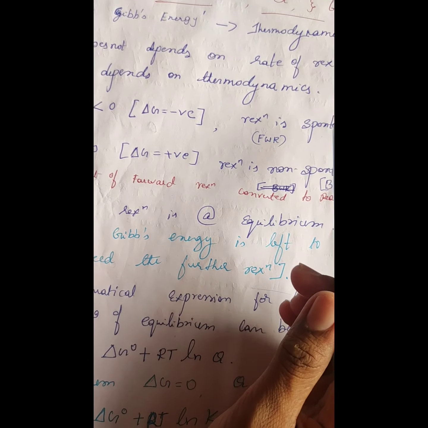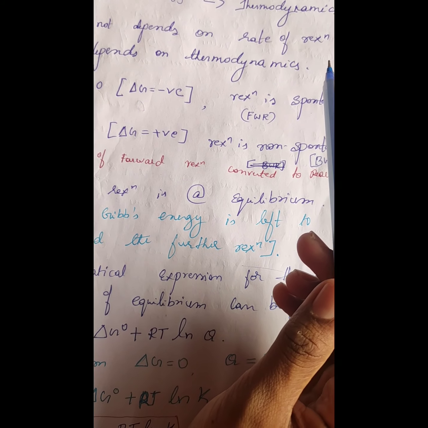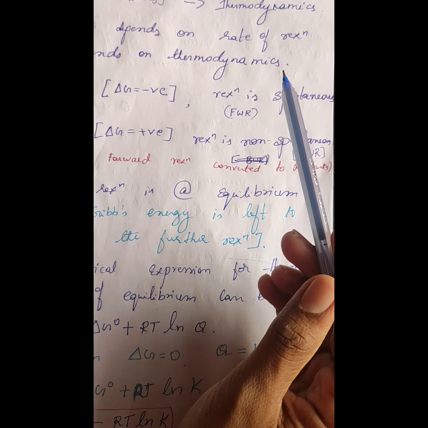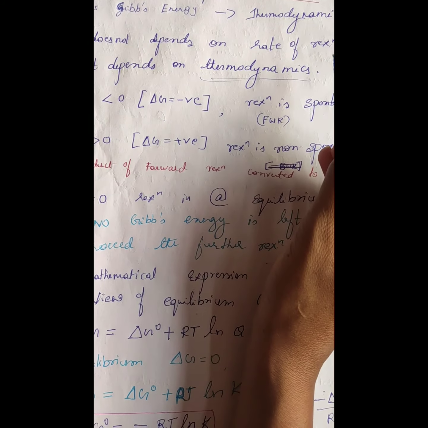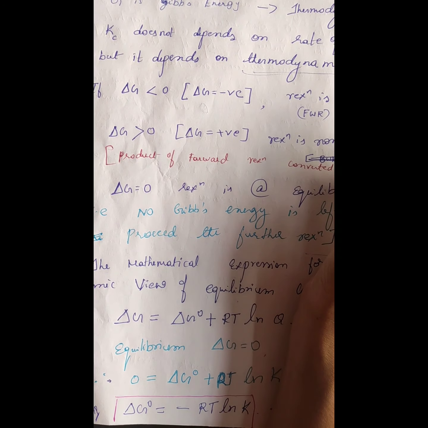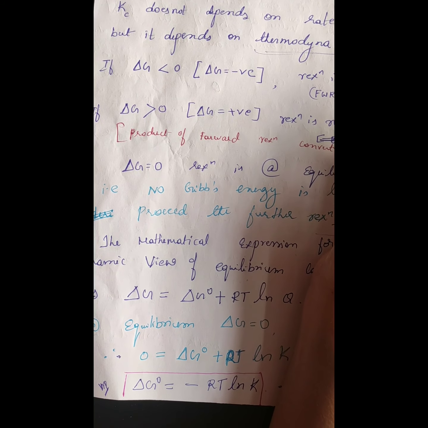You should remember, the equilibrium constant value does not depend on the rate or speed of the reaction. Because you all studied thermodynamics, you know about the spontaneity and non-spontaneity of the reaction. How? It is mainly based on the change in Gibbs free energy, right?